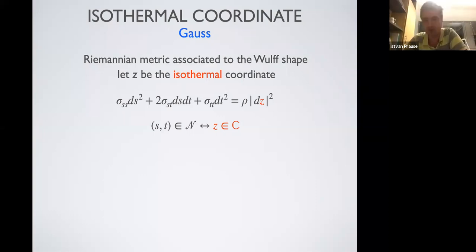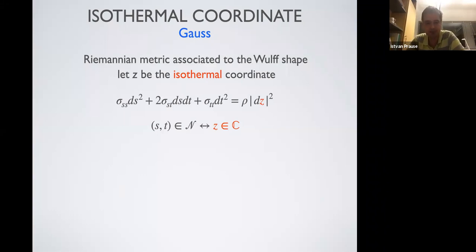We don't know a priori what it is, but let's assume it's some nice convex, faceted, but there is some convex part to it, and so there is a Riemannian metric associated to that limit shape, or equivalently to the surface tension, namely the Hessian matrix of sigma.